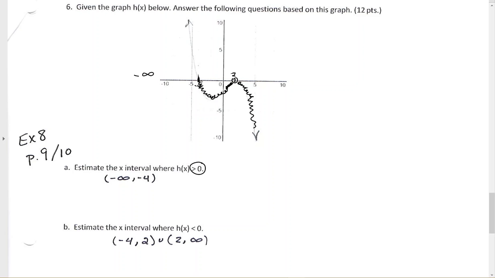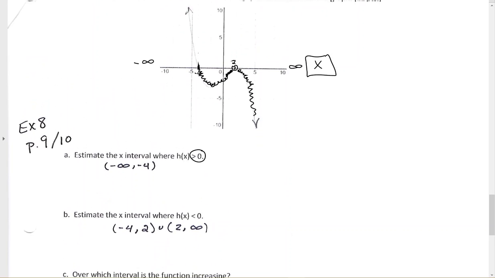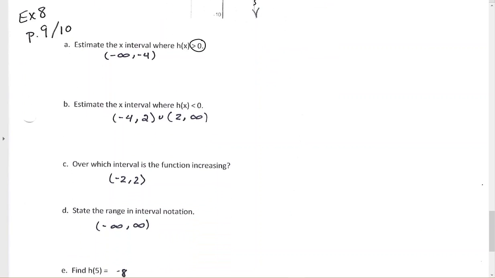So from -4 to 2, and then from 2 out to infinity, that's where it's all below the x-axis. So remember, you're reading off the x-axis when you tell me this above, below, and on thing. Where is it increasing? All right, where is it going uphill? From here, -2 to 2 is where it's going uphill.